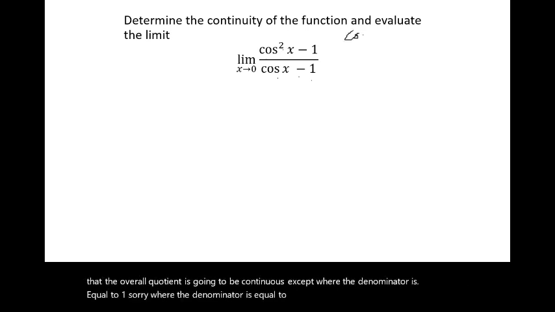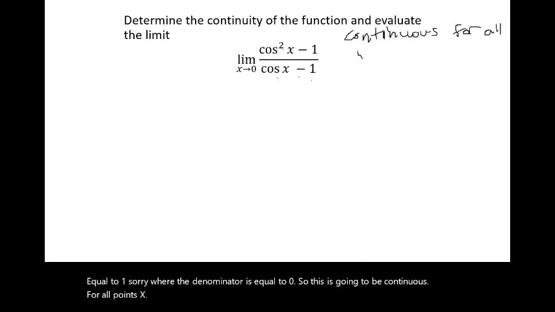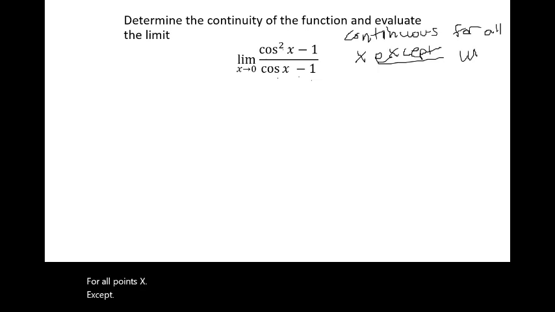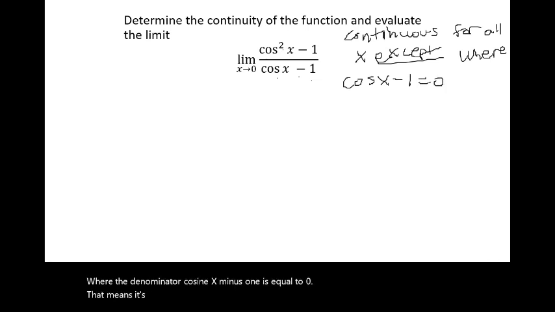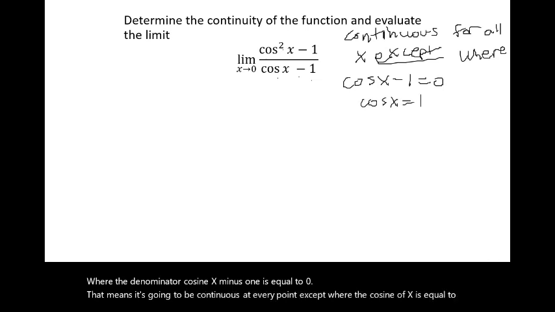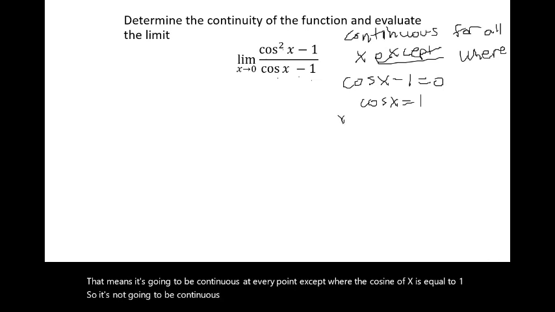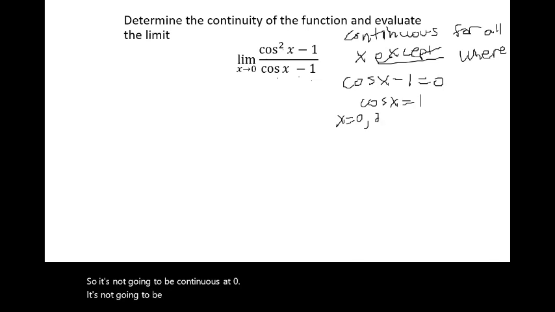So this is going to be continuous for all points x except where the denominator, cosine x minus 1, is equal to 0. That means it's going to be continuous at every point except where the cosine of x is equal to 1. So it's not going to be continuous at 0. It's not going to be continuous at 2 pi.